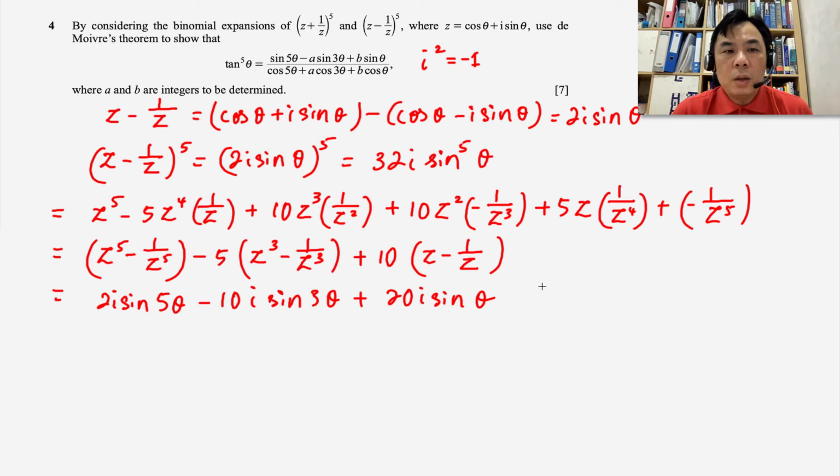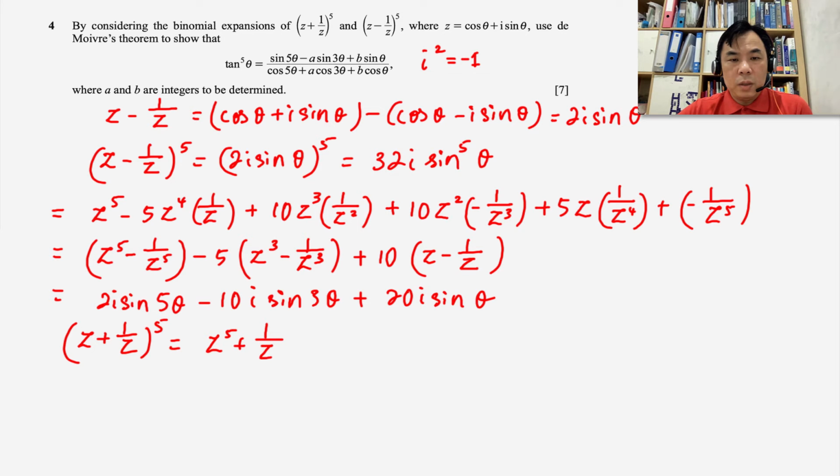Okay, now just to recap on what I have previously. I think I accidentally erased off the other sections, but never mind, just let me show that one more time here. So for the z plus 1 over z to the 5, just to recap here, I do have my z^5 plus 1 over z^5. Yep, that is correct.